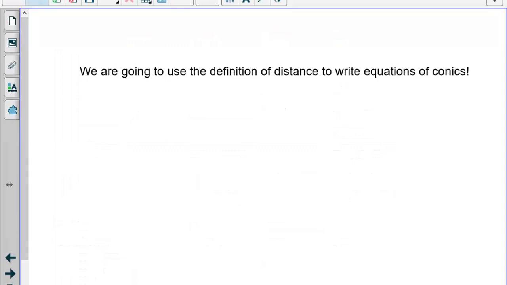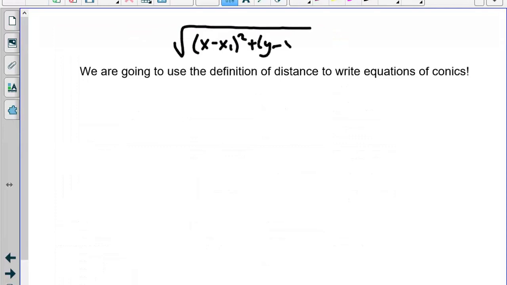We are going to use the definition of distance to write equations of conics. So, really quickly, remember the distance formula is the square root of x minus x1 squared plus y minus y1 squared. And that comes from an understanding of the Pythagorean theorem on a coordinate plane.